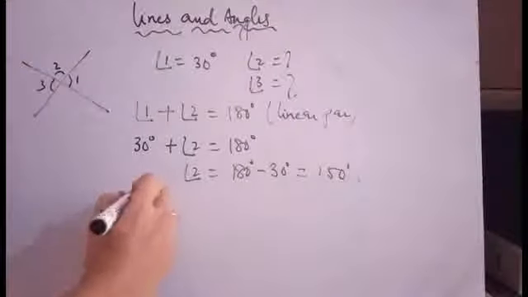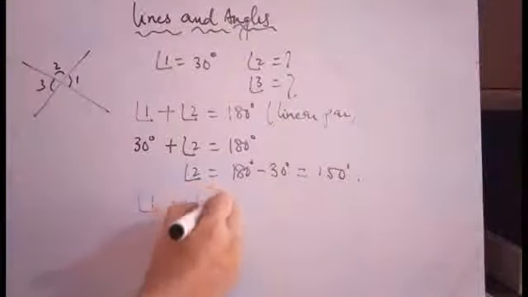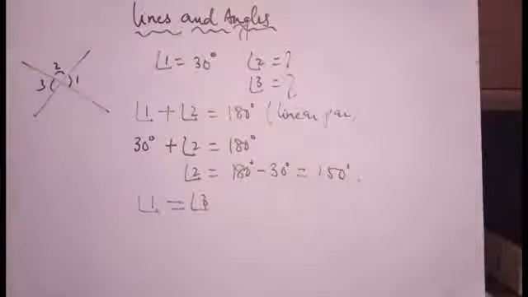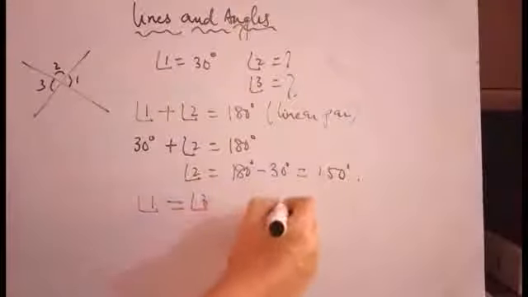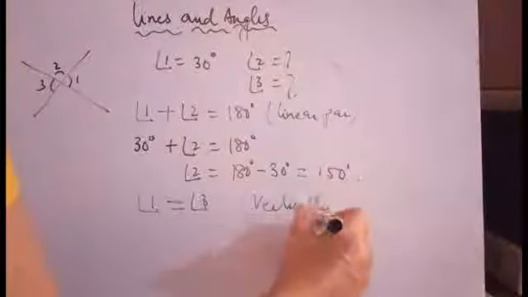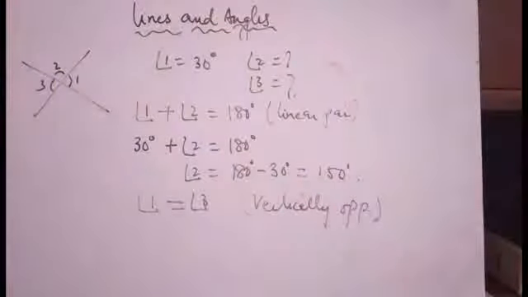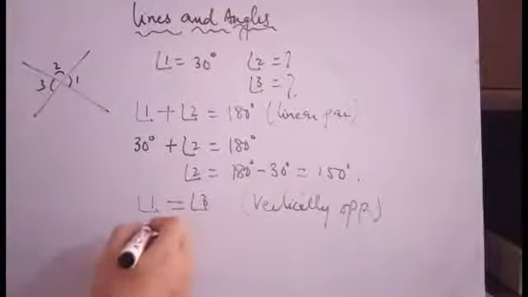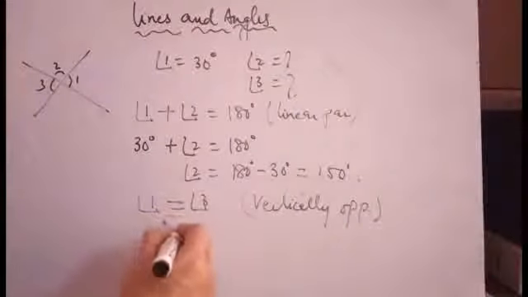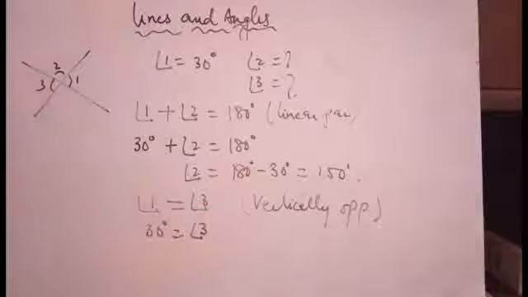Now you can see angle 1 and 3. What is the relation between angle 1 and 3? Angle 1 and 3 are vertically opposite, and vertically opposite angles are equal. So angle 1 is 30 degrees, so the measure of angle 3 is also 30 degrees.